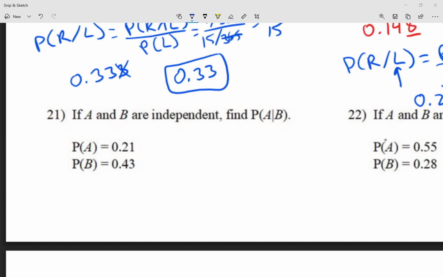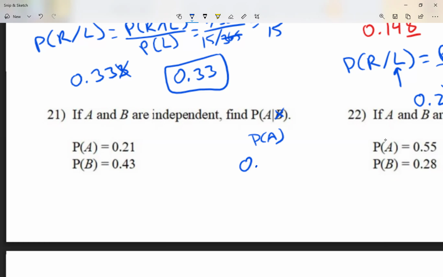So if A and B are both independent, here I want to ask you to find the probability of A given B. Since B does not affect A, let me cross this out. Really I'm just going to find the probability of A happening. In this case, the probability of A is 0.21.